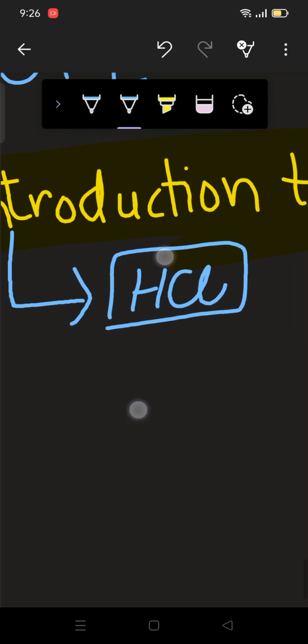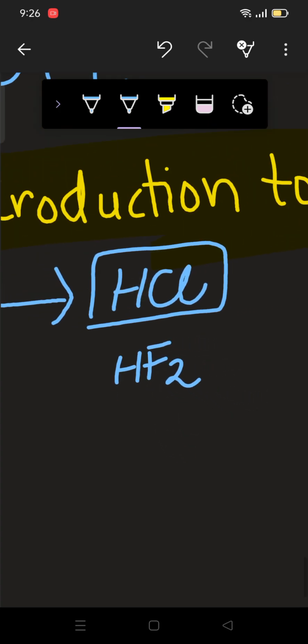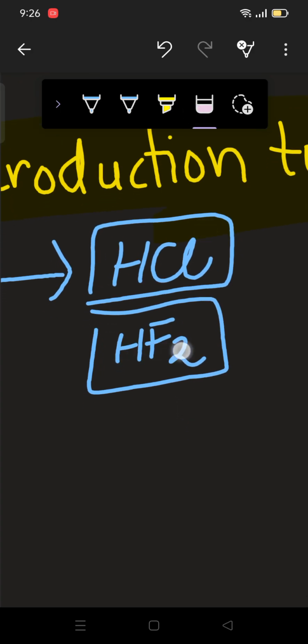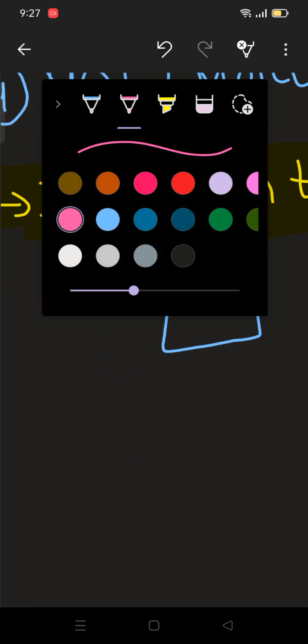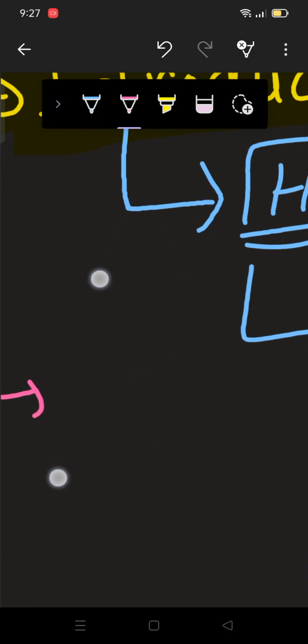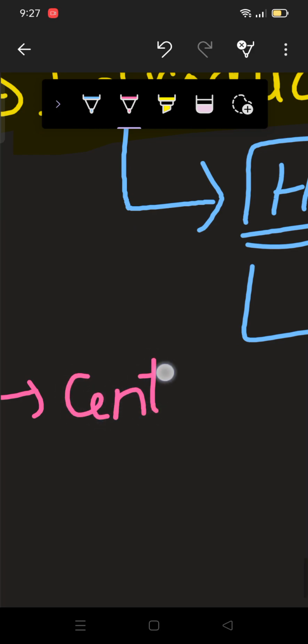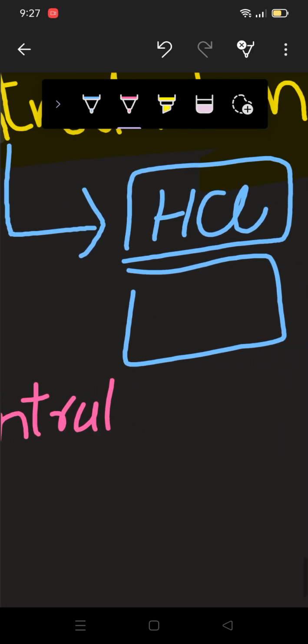We need to identify that. If we have HF2, okay, what would be the central atom in it? Not HF2, however. So we initially need to identify the central atom first, right? Central atom.